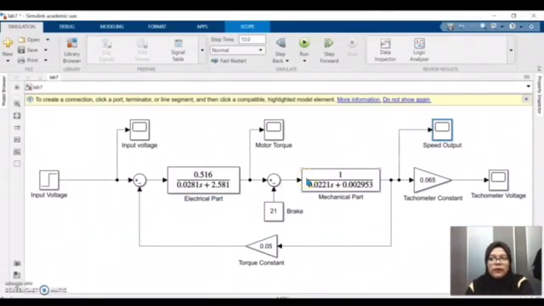From there we can say that the relationship between speed output and brake scale is inversely proportional: when the brake scale is increased, the speed output decreases. So that's it from me for activity 2.